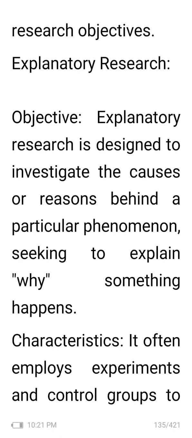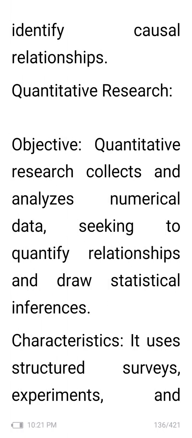Then, explanatory research. Objective: Explanatory research is designed to investigate the causes or reasons behind a particular phenomenon, seeking to explain why something happens. Characteristics: It often employs experiments and control groups to identify causal relationships. Quantitative research. Objective: Quantitative research collects and analyzes numerical data, seeking to quantify relationships and draw statistical inferences.